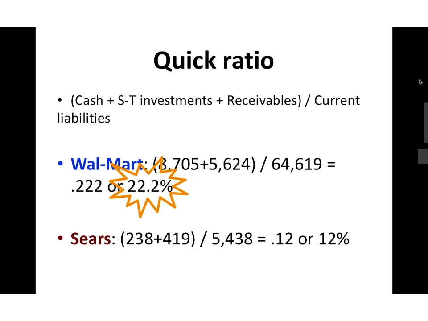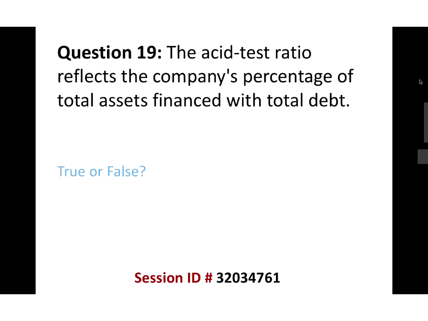So on this measure, Walmart is actually stronger. Sears is relying on selling that inventory to pay its bills, and if it can sell its inventory, then that's okay. But Sears is getting into some liquidity problems with a quick ratio down around 12%. That's pretty low. Walmart's is low. Sears is lower. Okay, so those are the liquidity ratios.